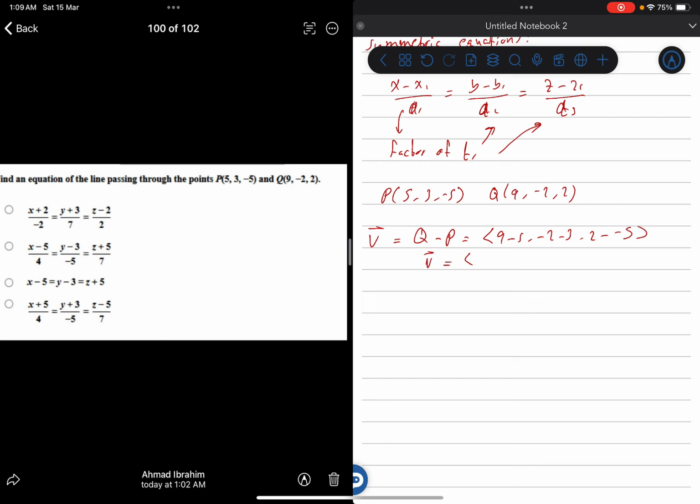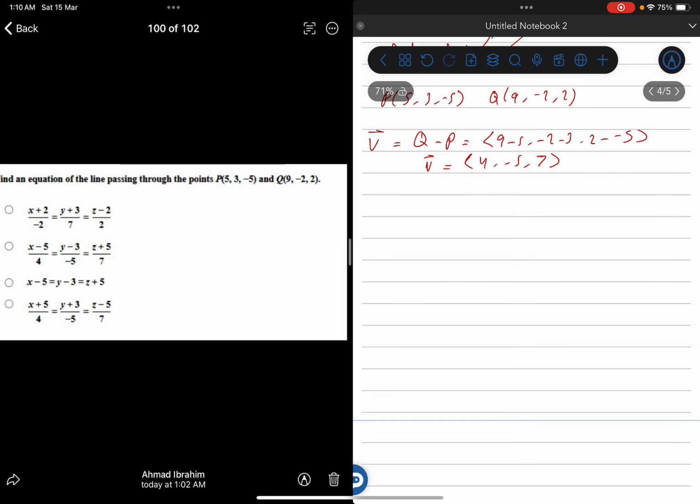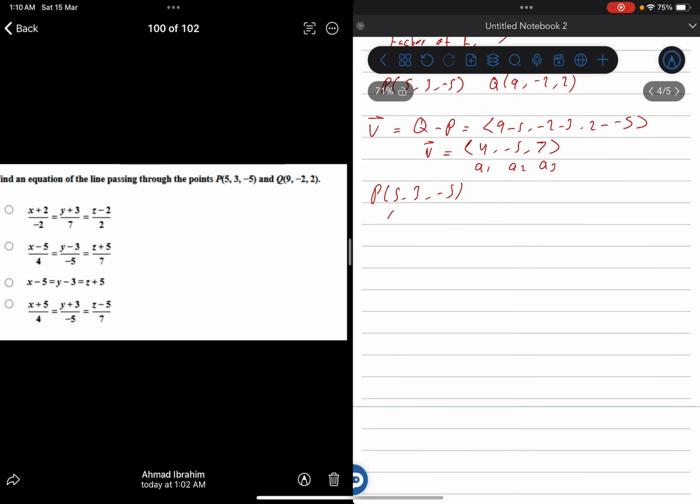It will be 4, negative 5, and 7. Okay, now we have the A1, A2, A3, and we already have the point, which is P. It is 5, 3, negative 5. Okay, so we have x1, y1, and z1.